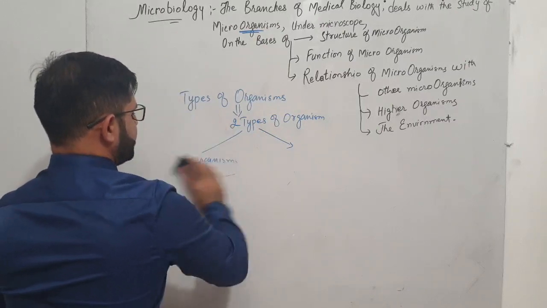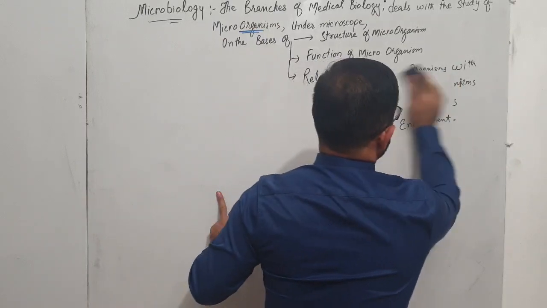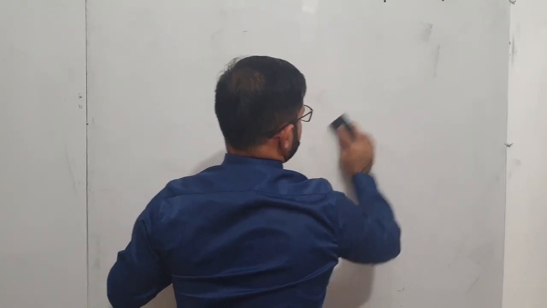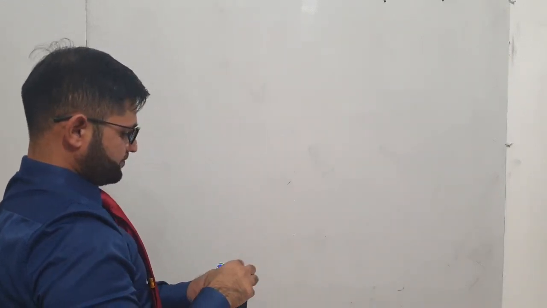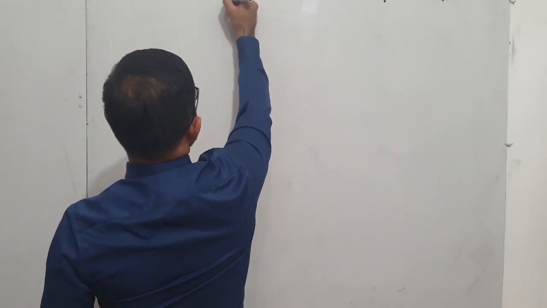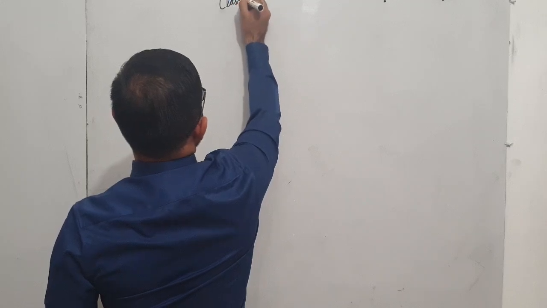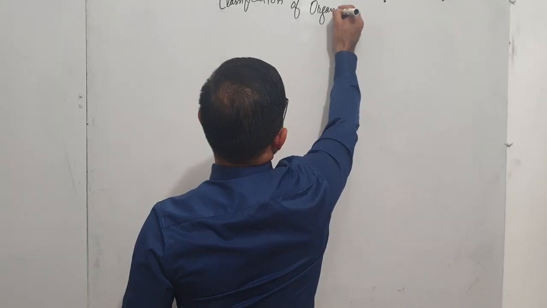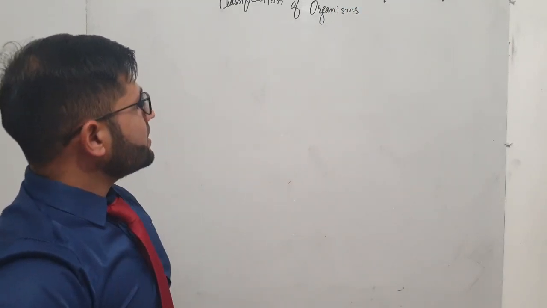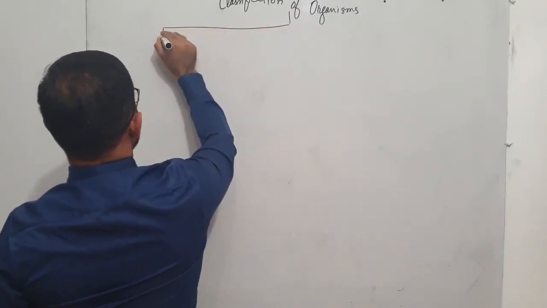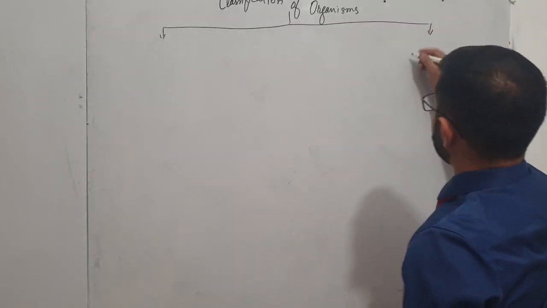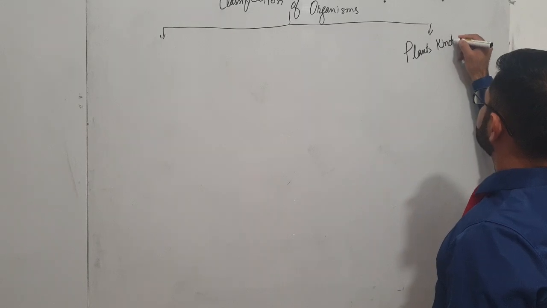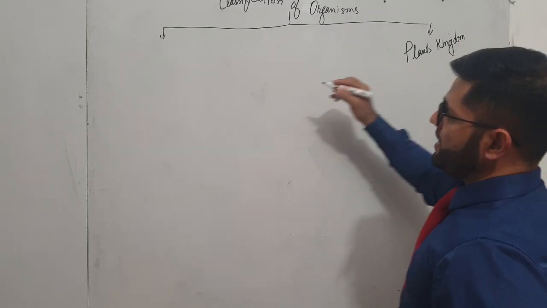Initially all the organisms were classified into two main groups, known as the plant kingdom and the animal kingdom.